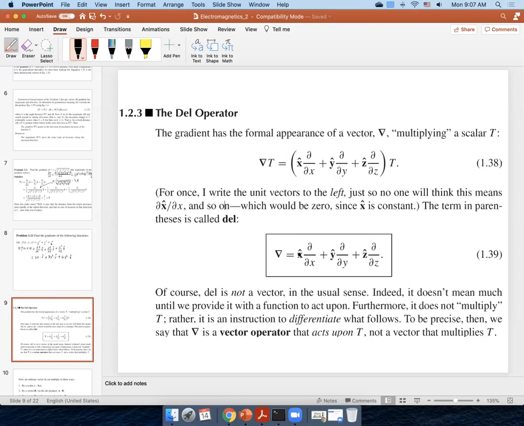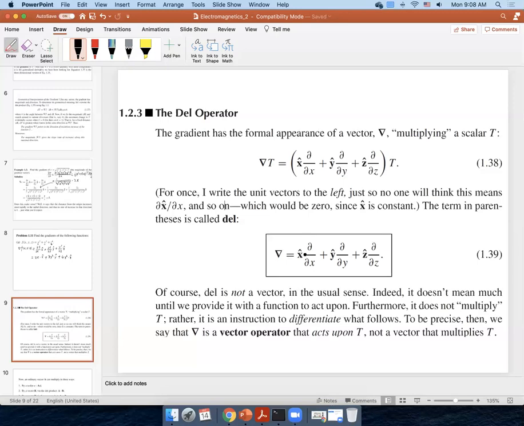Here it writes the x, y and z unit vectors to the left of the partial operations, because it doesn't want you to think it's partial x hat over partial x, which would result in a 0.